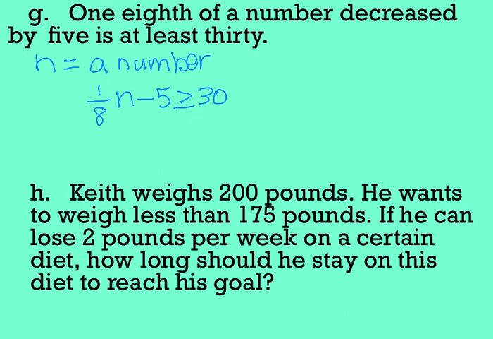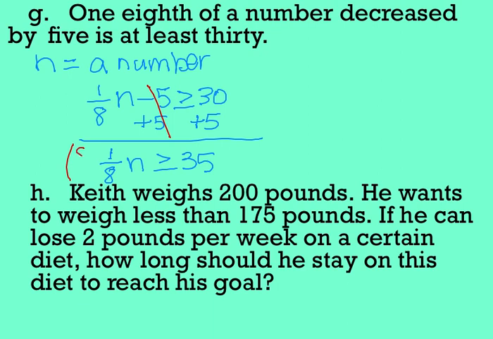So to solve this, I am going to add 5 to both sides. So the 5s on the left are going to cancel out, meaning that I have 1/8 n is greater than or equal to 35. Now, to get rid of that 1/8, if you recall from chapter 2, when we want to get rid of a fraction, we multiply by its reciprocal.